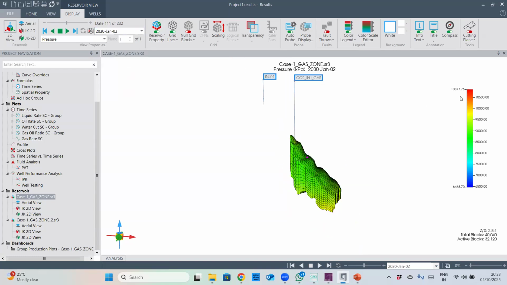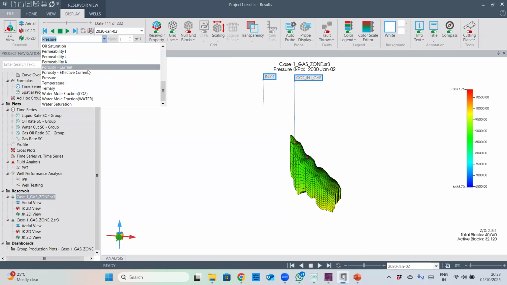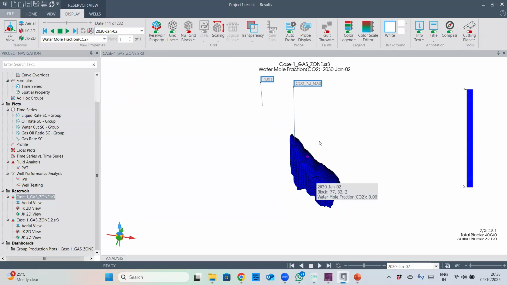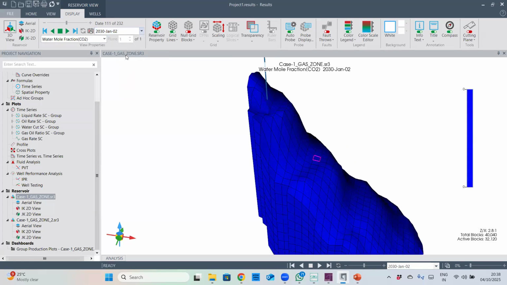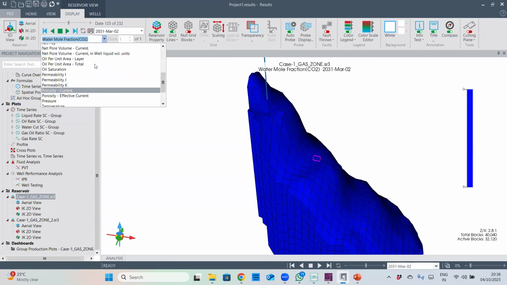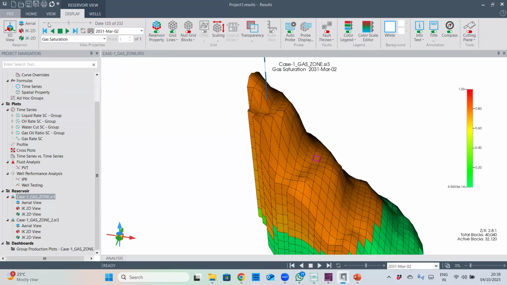So this is my pressure. Let me go for mole fraction CO2. Yes, now you can see how CO2 keeps increasing. Okay, not this, gas saturation. So injection started and let me play.